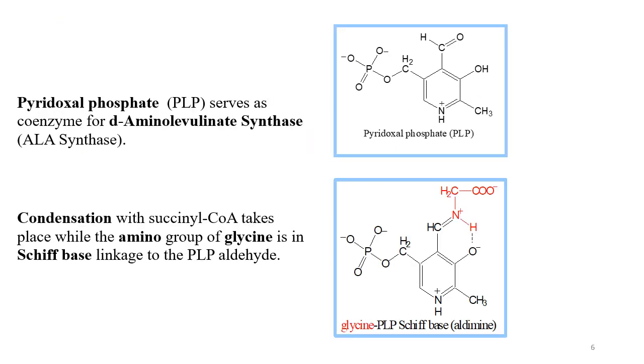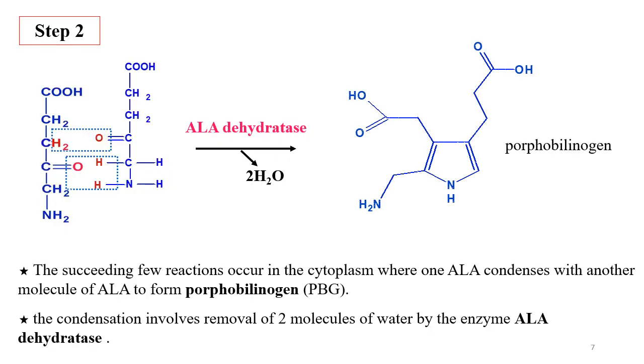Further, this delta aminolevulinic acid which is formed is then transported from the mitochondria into the cytosol, and in the cytosol, two molecules of ALA, that is delta aminolevulinic acid, condense and form the first pyrrole ring structure, which is called porphobilinogen.